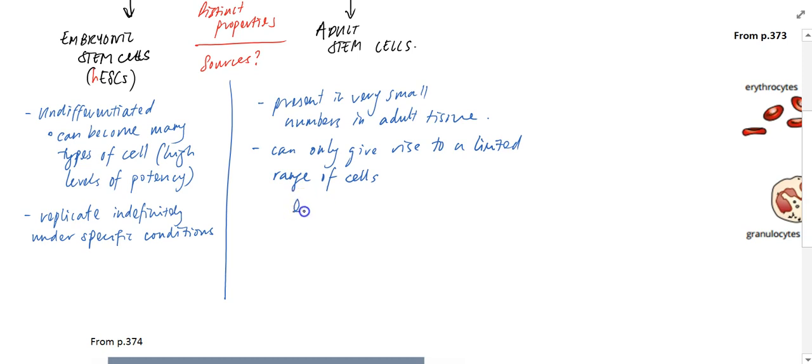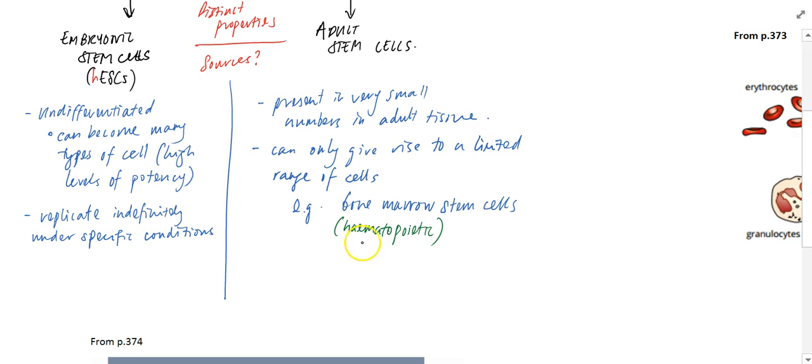So an example of one such adult stem cell that can only give rise to a limited range of cells are bone marrow stem cells. Bone marrow stem cells are also known as the hematopoietic stem cells.